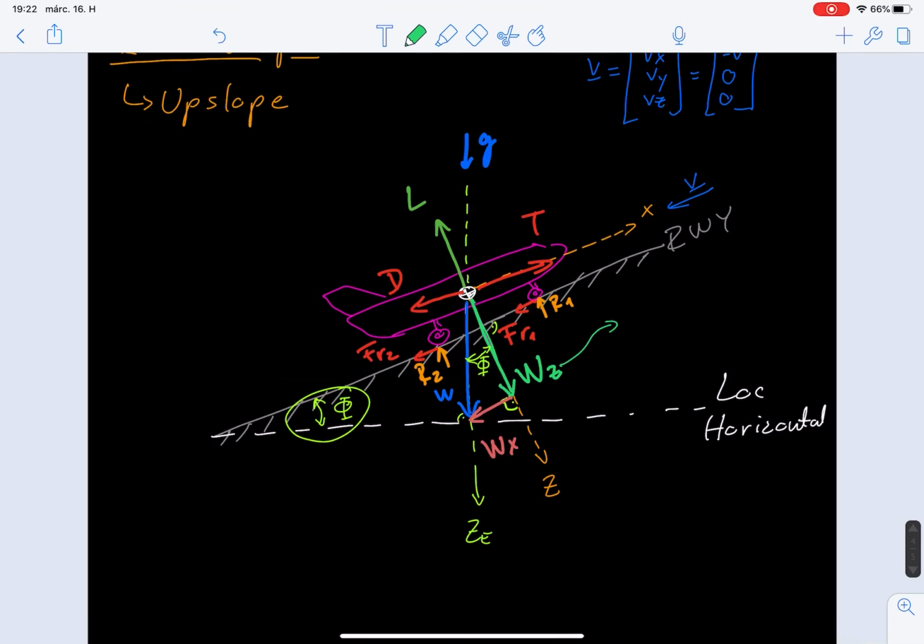So the cosine of phi is going to be the adjacent side, the WZ component, over the hypotenuse, which is the weight. So therefore the WZ is going to equal the weight times cos phi, right?